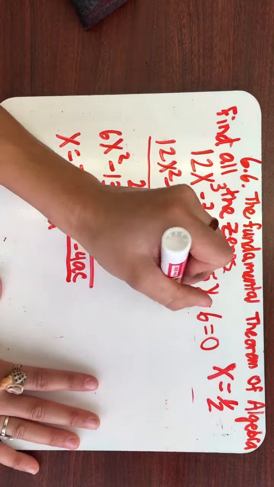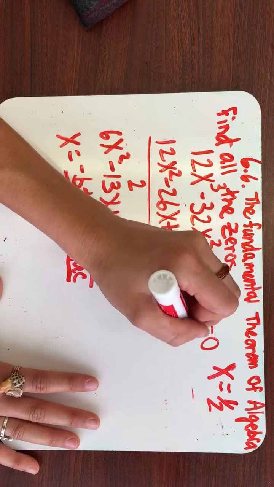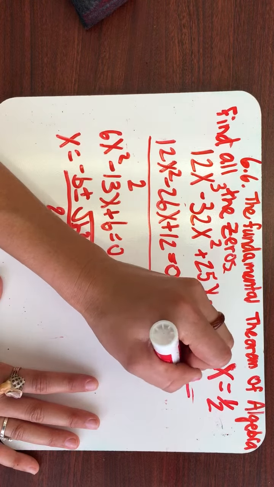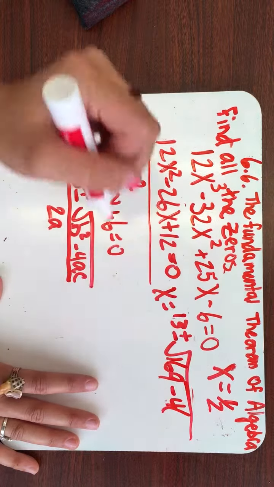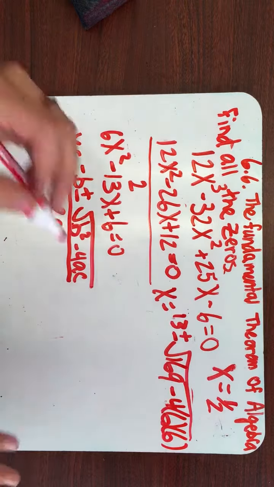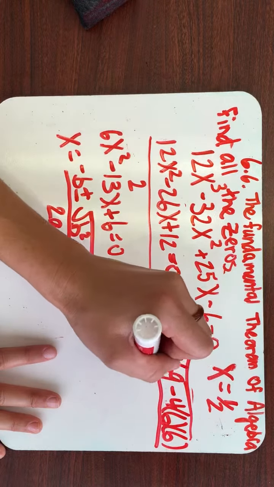So 13 plus and minus the square root 169 minus 4 times 6 times 6 all over 2 times 6.